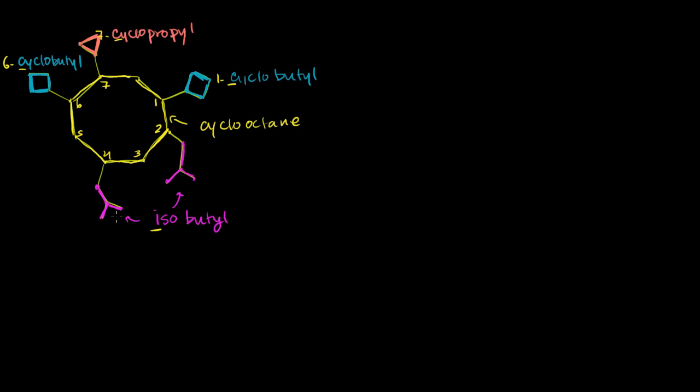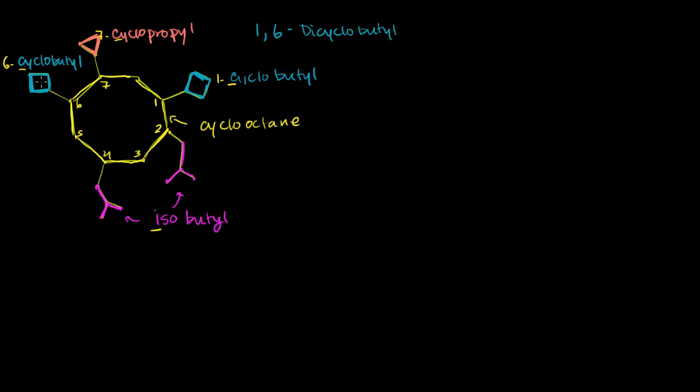So we want to write them all in alphabetical order. The cyclobutyls win. So we have, let me write it up here, a 1 cyclobutyl. We also have a 6 cyclobutyl. We have 2 of them, so it is dicyclobutyl. Let me capitalize since that's where we're starting. Dicyclobutyl.